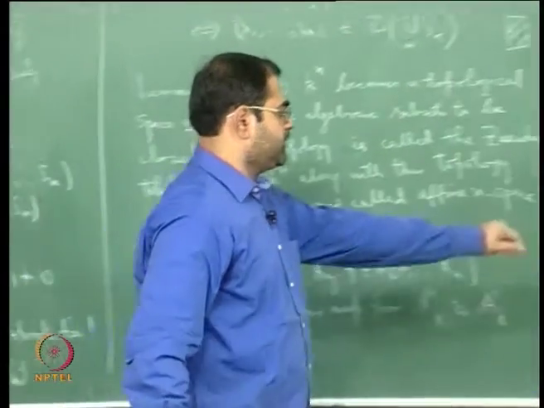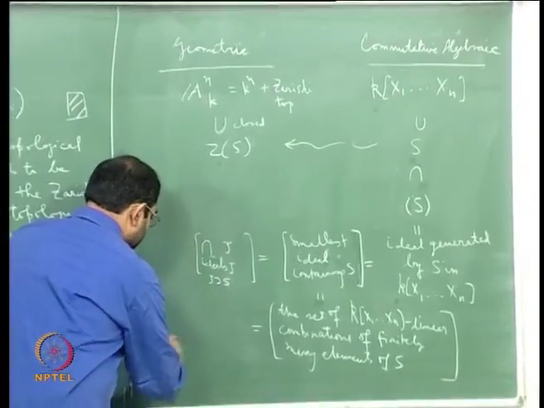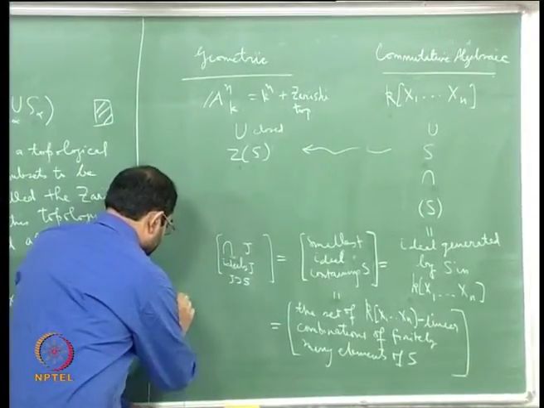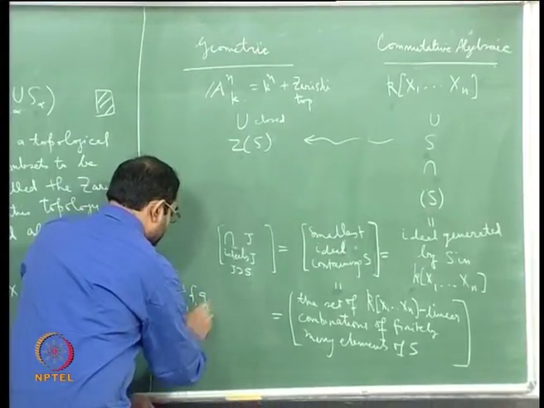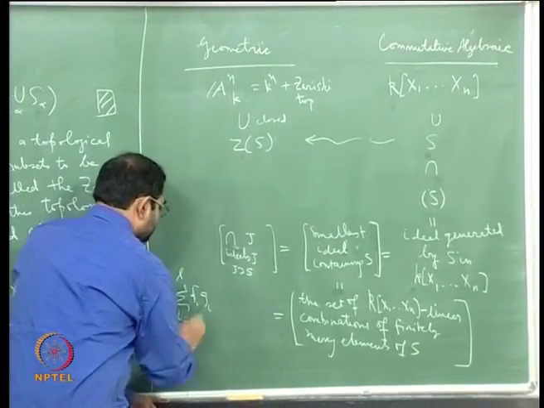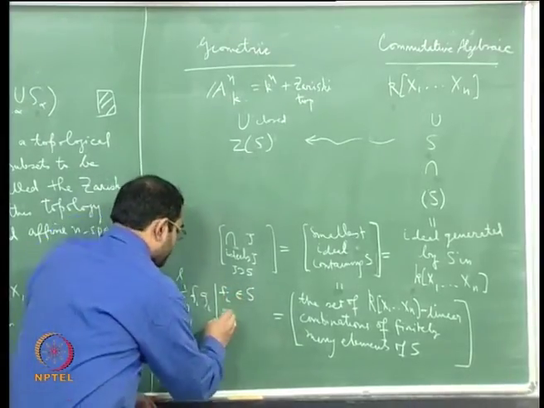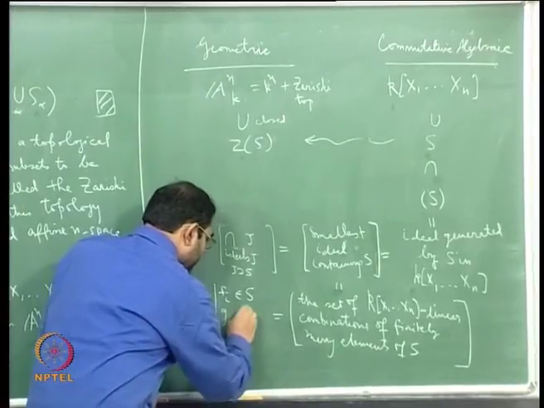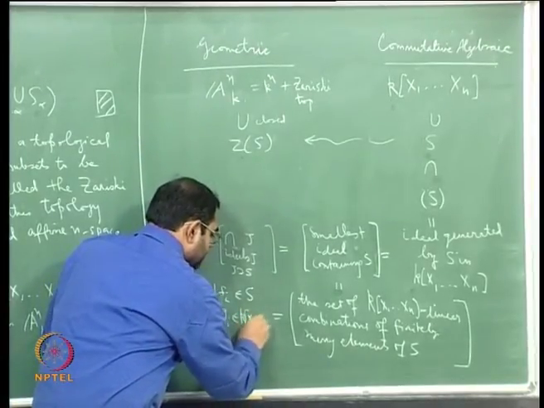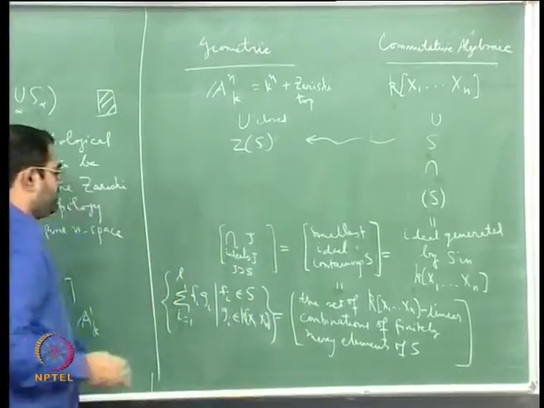And of course, what does this mean? This means that this is a set of all elements of the form sigma f_i g_i, i equal to 1 to L, where the f_i are in S and the g_i are in K[x1, ..., xn].